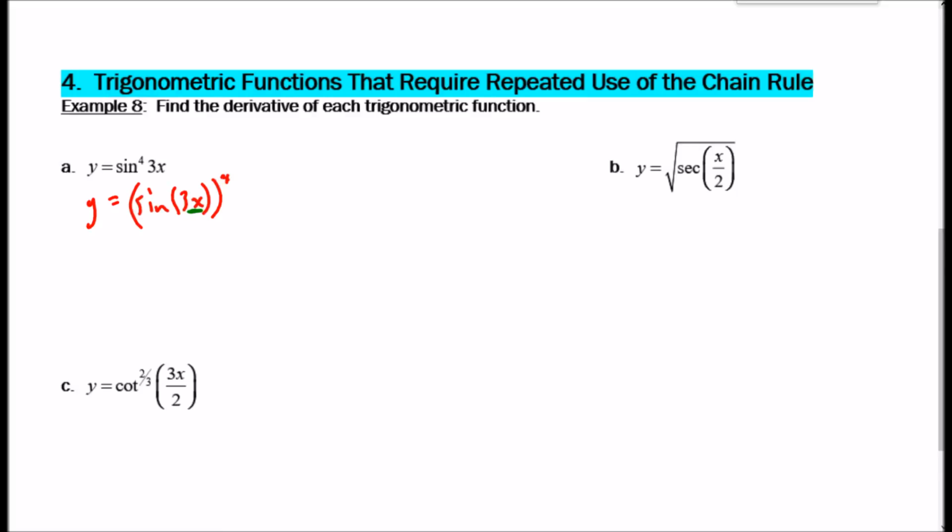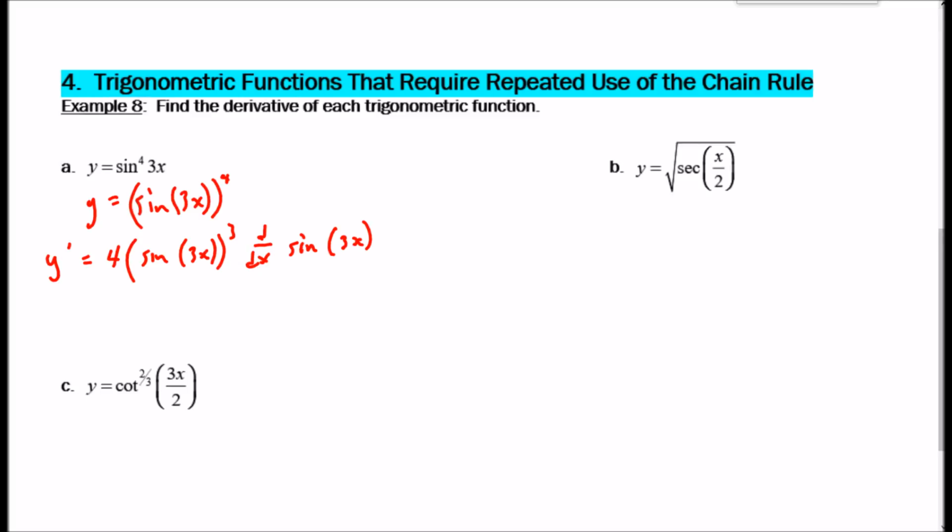Right? With these problems, I typically write out the entire rule. So what I mean by that is I've got something to the fourth power. So the derivative of something to the fourth power is 4 times that something raised to the third power times the derivative of the something.